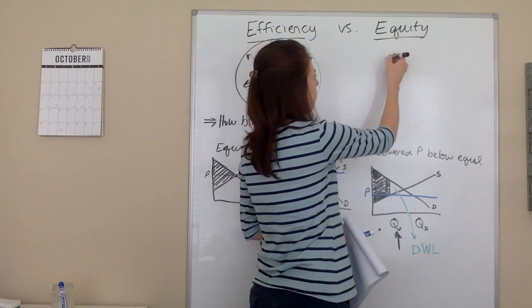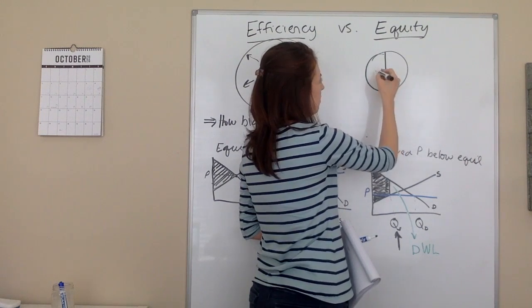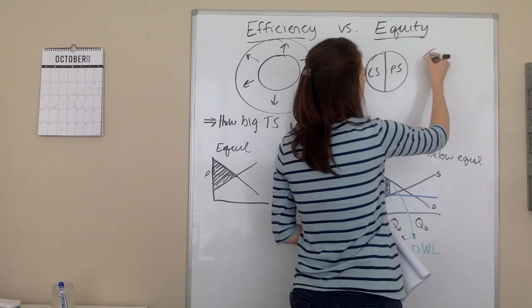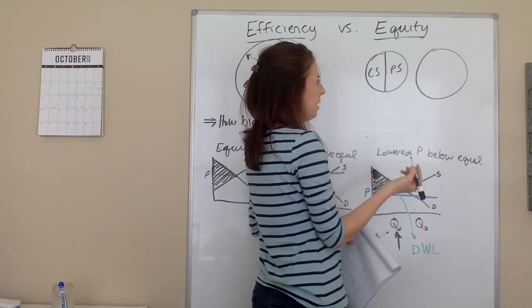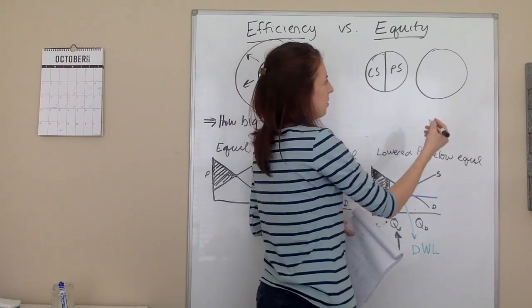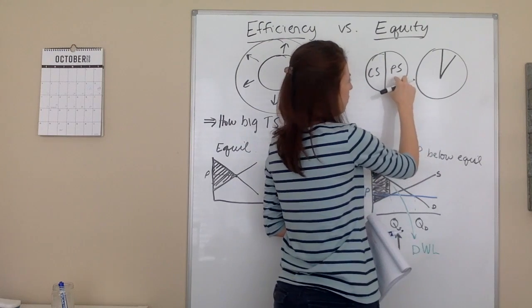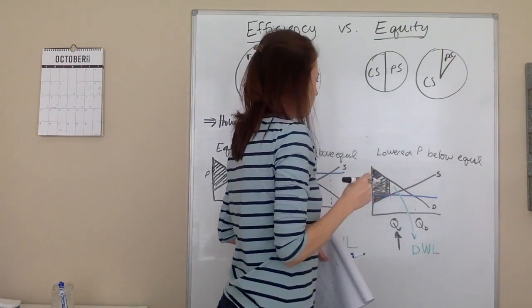Equity has to do with whether or not the pie is fairly split between consumer surplus and producer surplus, or maybe one side of the market isn't getting as much well-being or surplus as the other side. So equity has to do with whether the pie looks more like this or more like something like that.